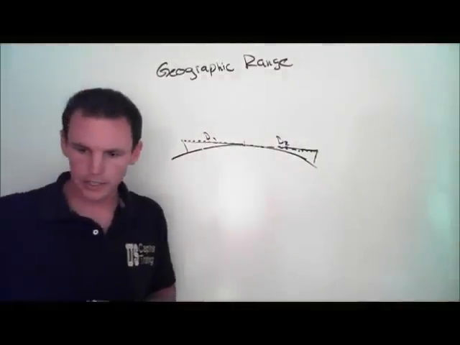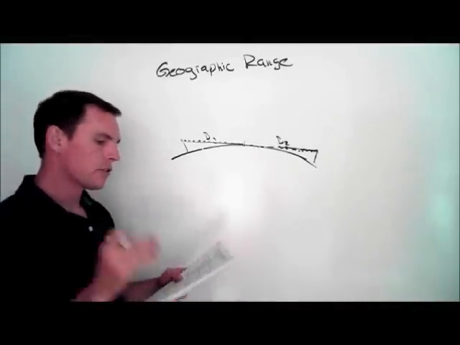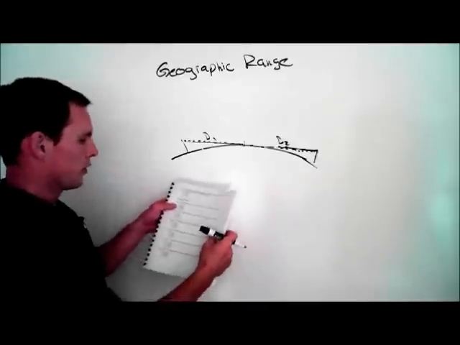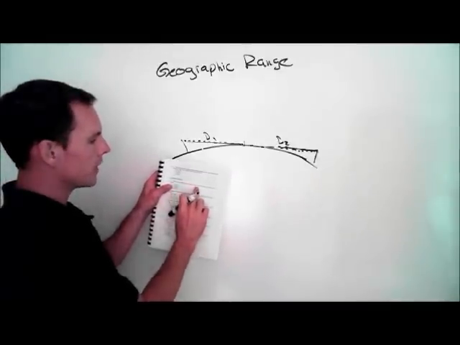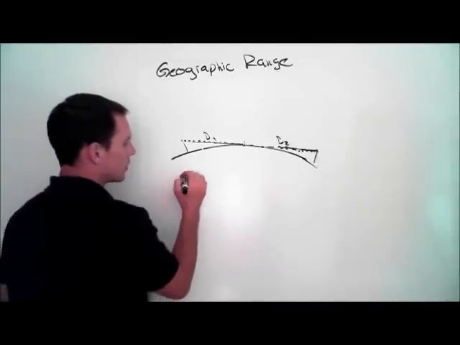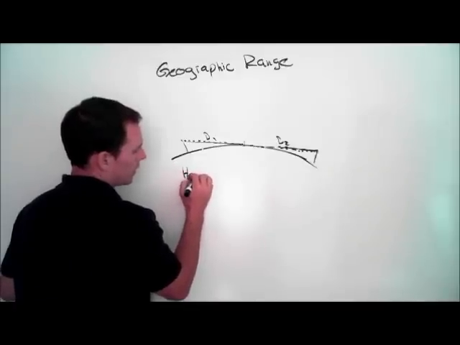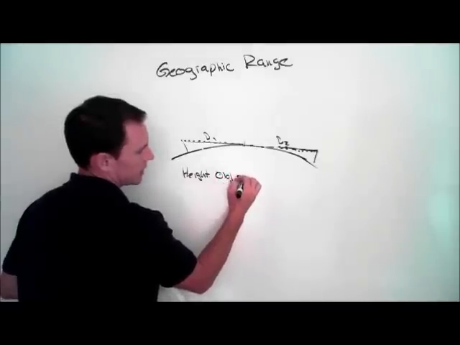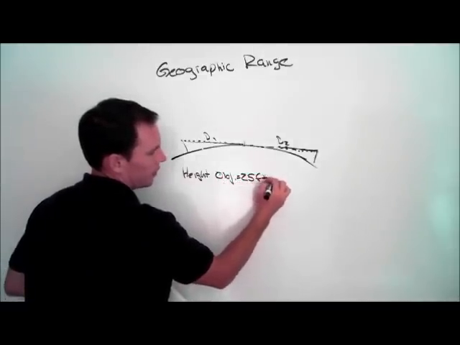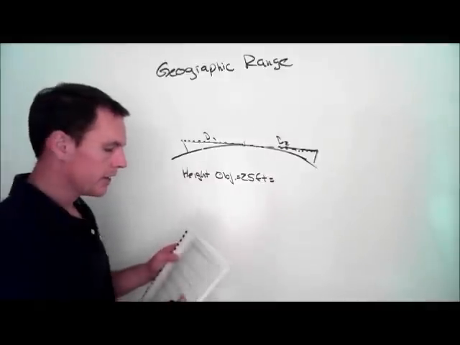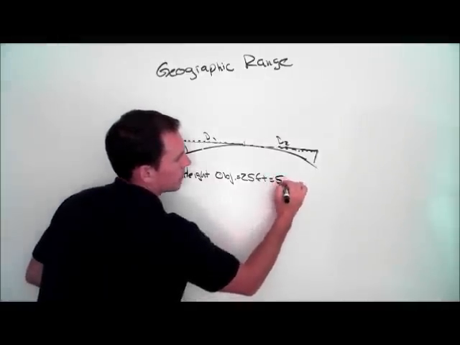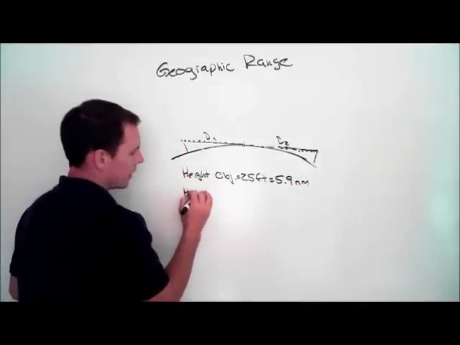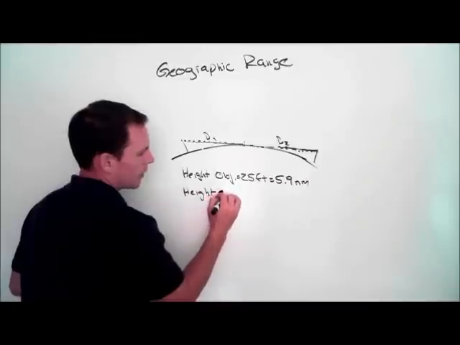Okay, so this problem says that, again remember, two things, the height of eye and the height of the object. What's the geographic range of a light that's 25 feet tall? The height of the object is equal to 25 feet tall, which from the table we looked at yielded 5.9 nautical miles. And then the other thing is the height of your eye.